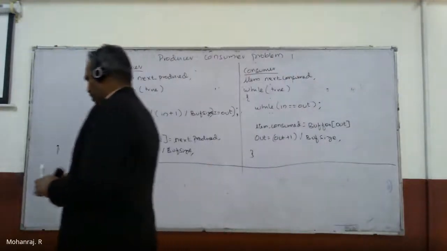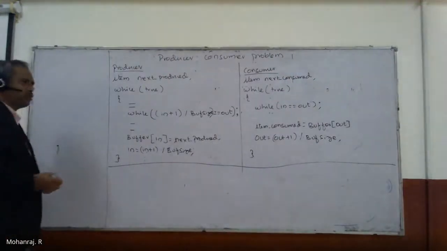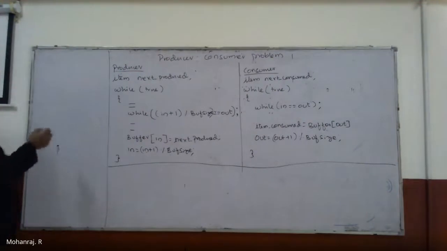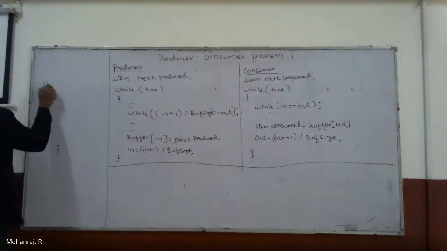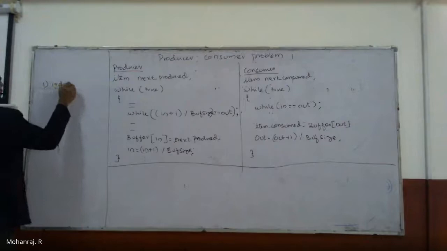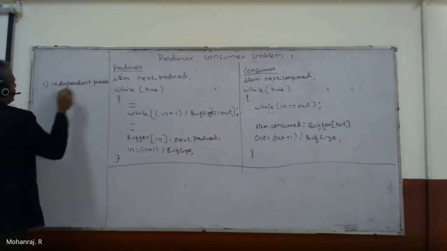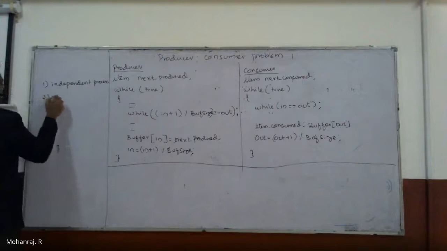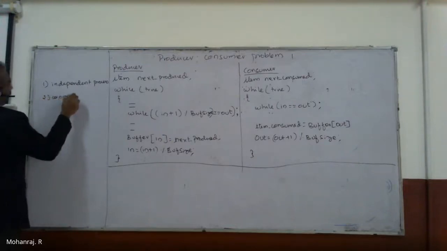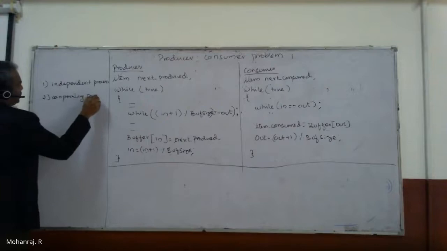Say there are two kinds of process. One is independent process. Next is cooperating process.